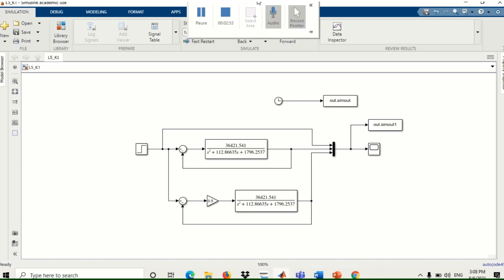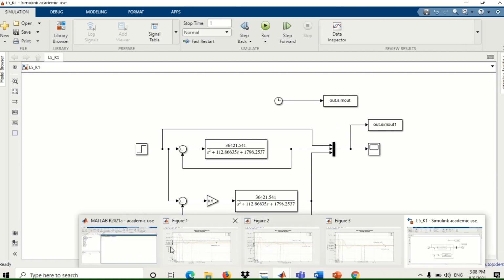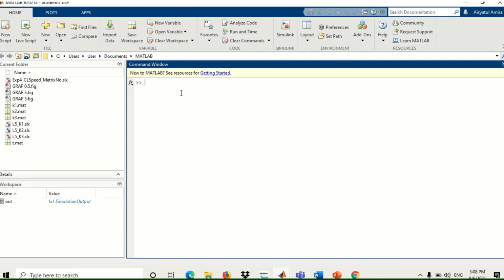After we run, we go to the command window. First, we type T equal to data, enter, K1 because we use K1 equal to out.out1.data, save T, we save K1, and then we plot the graph for T and K1.